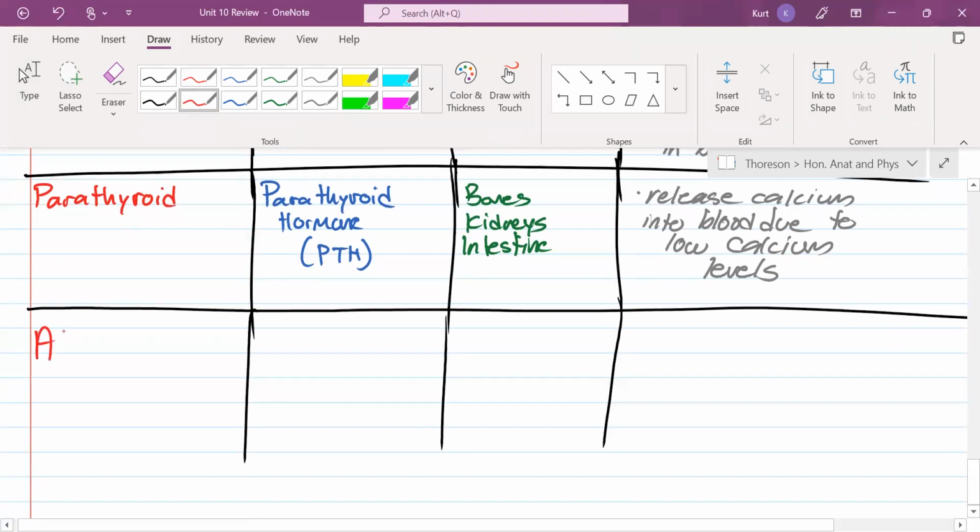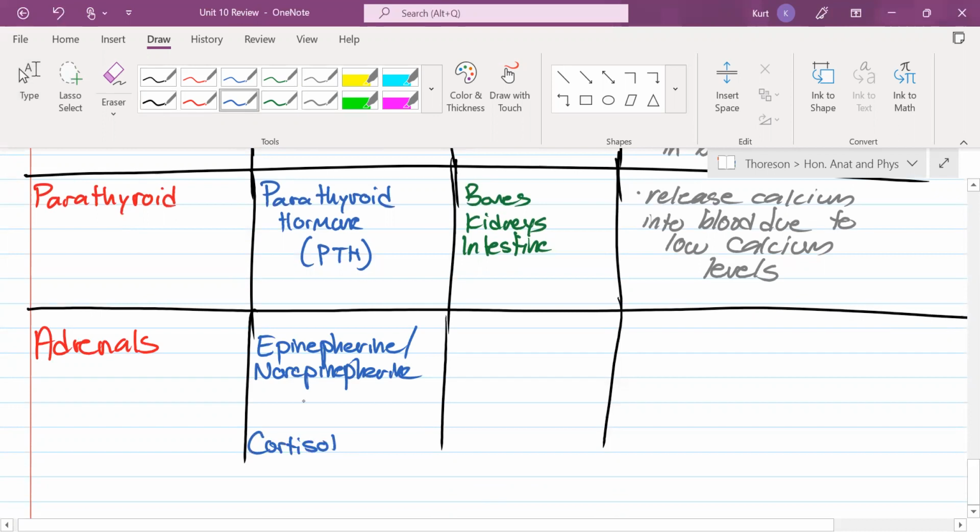We have your adrenals. The ones I'm going to worry about with you guys. I'm not going to have you know the difference between cortex and medulla. We have epinephrine and norepinephrine. Those are going to basically be the same. Then we have cortisol. Epinephrine and norepinephrine basically target your heart and brain.